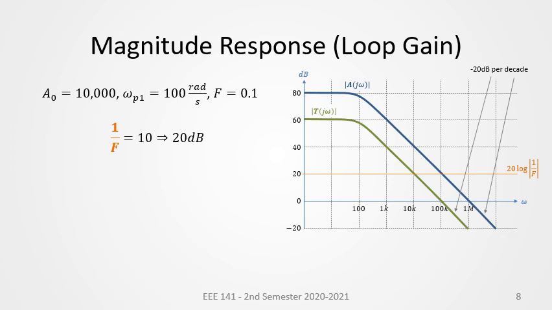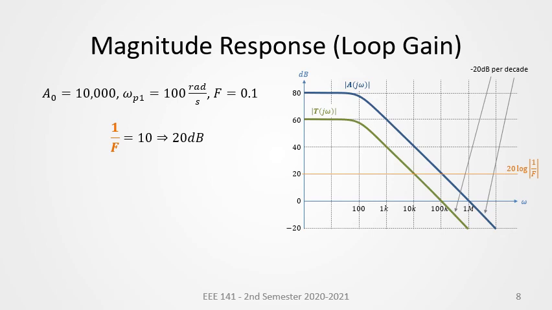This line will be helpful since the closed loop gain is approximately 1 over F if T is very large. In our example, since F is equal to 0.1, then 1 over F is equal to 1 over 0.1, which is equal to 10, which corresponds to 20 dB. In the plot, the orange line is the 1 over F line.